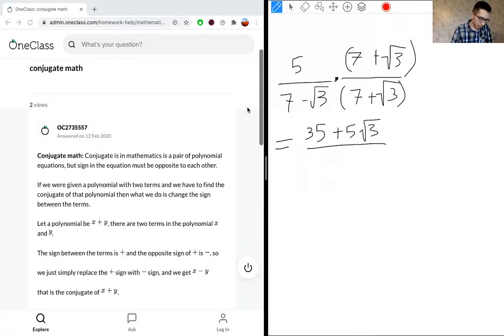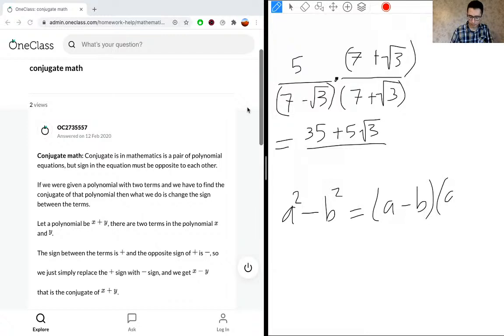And then on the bottom here, we know that this right here is a difference of squares. The difference of squares is a squared minus b squared is equal to a minus b times a plus b. So we'll use that here.